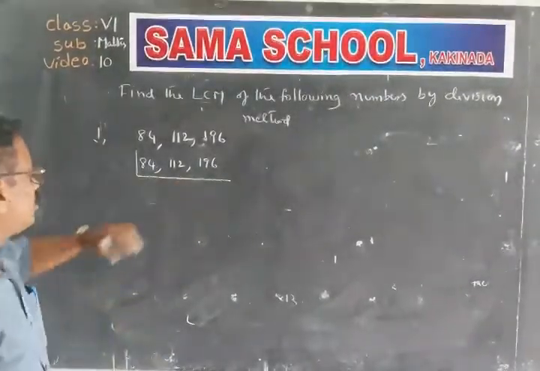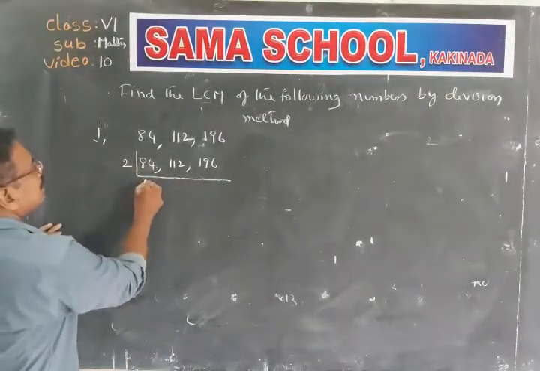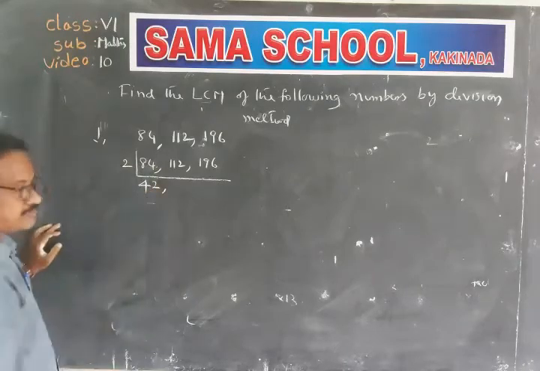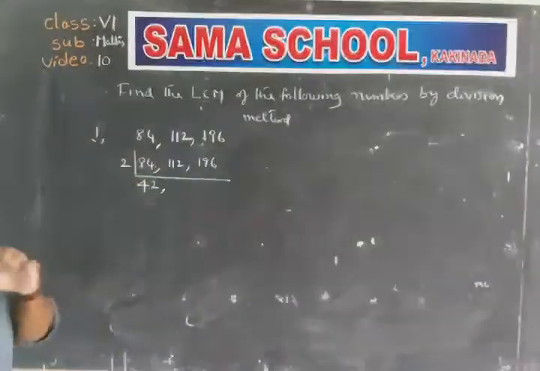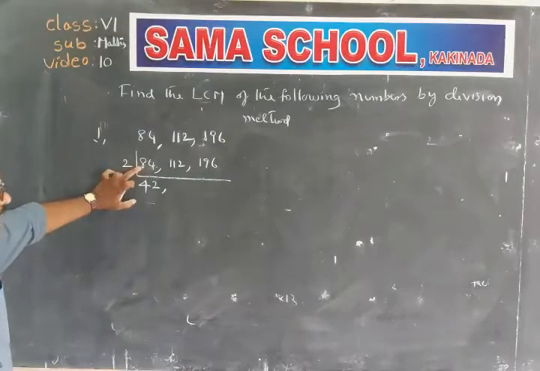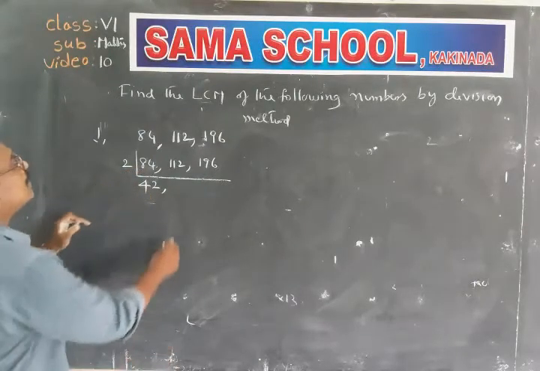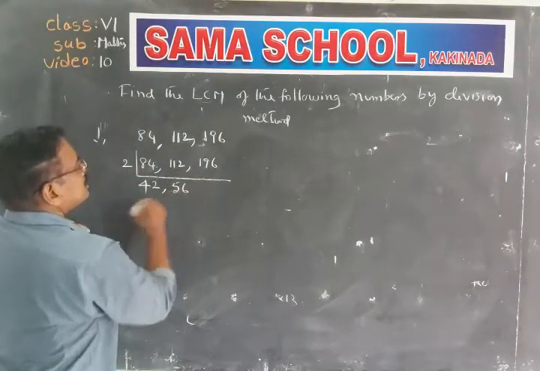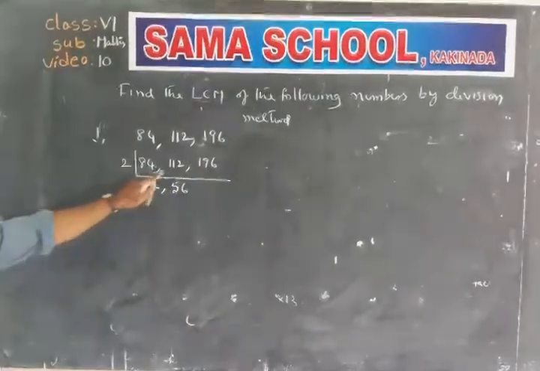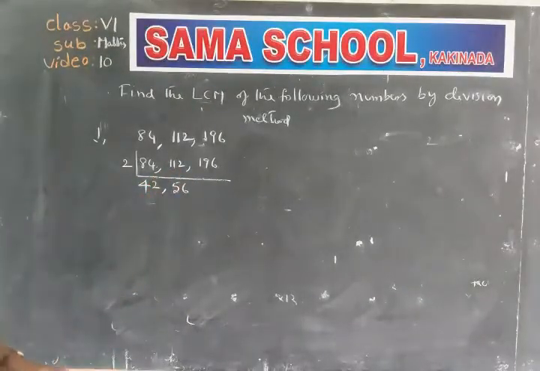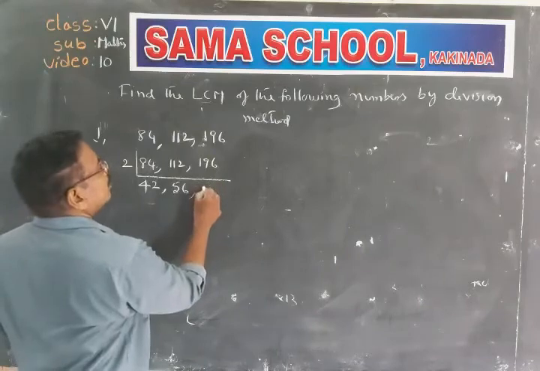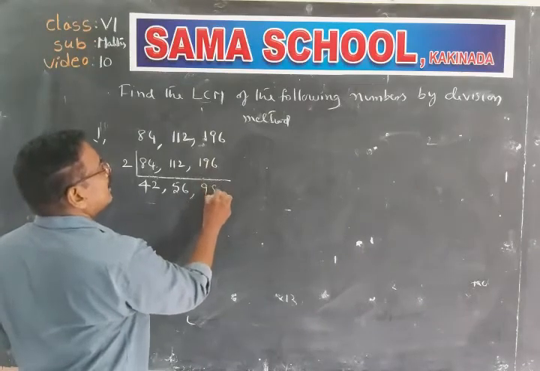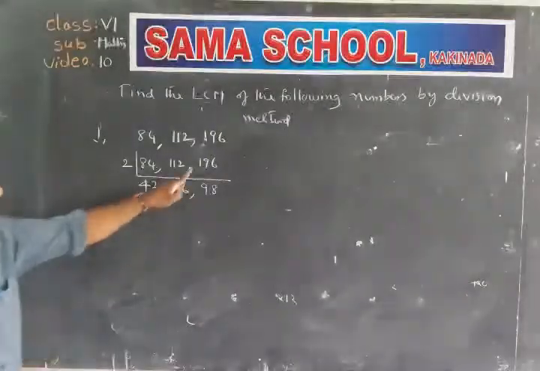Now take 2. 2 fours are 8, 2 twos are 4, so 2 divides 84. 2 fives are 10, 2 sixes are 12, so 2 divides 112. 2 nines are 18, 2 eights are 16, so 2 divides 196.